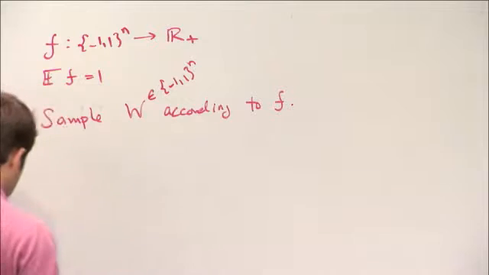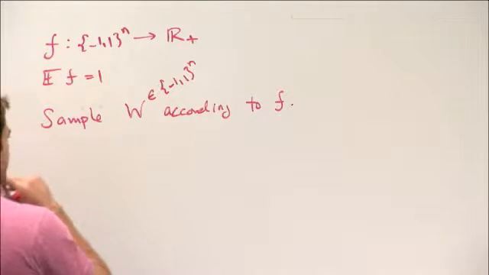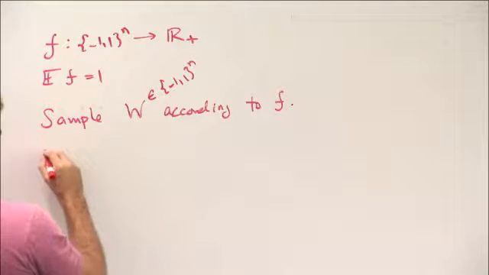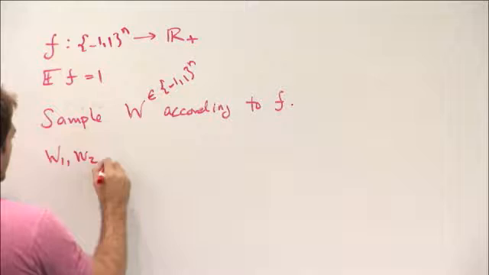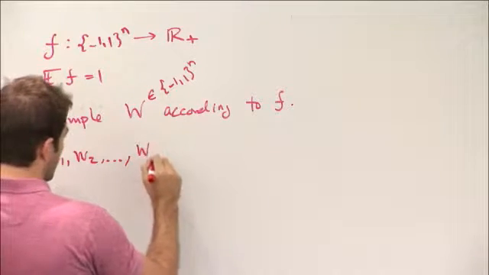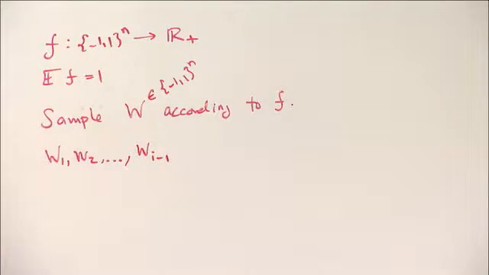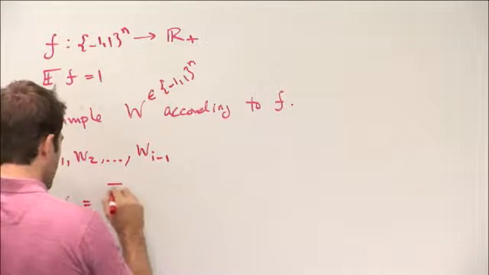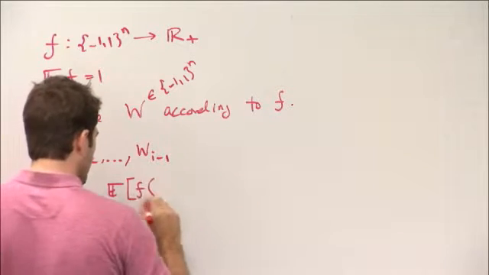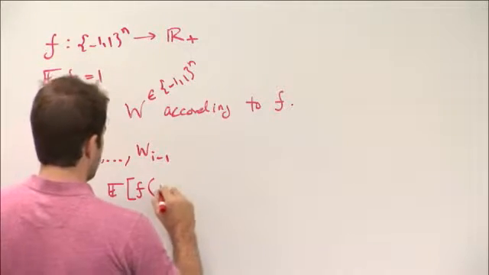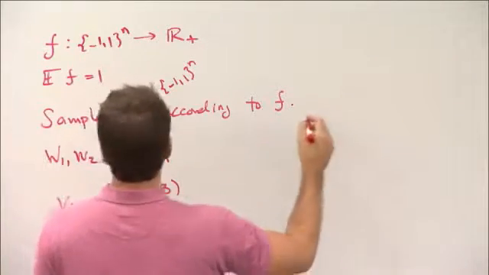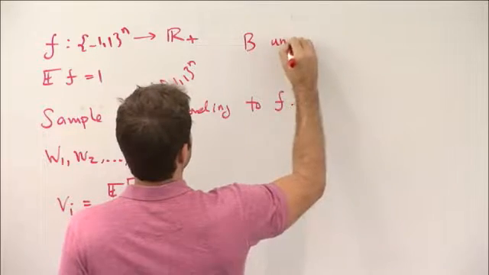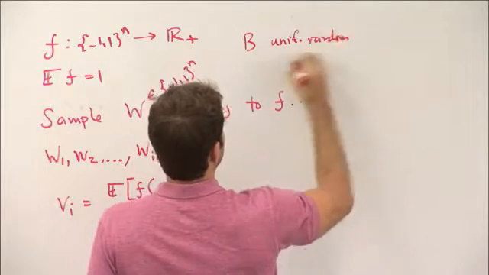So let's define, suppose that we've sampled W1, W2, and so on, the bits of W up to i minus 1. How do we sample the next bit? Let's define Vi to be the expected value of f at B, where, analogously to what we're doing over there, B is uniformly random on the cube.